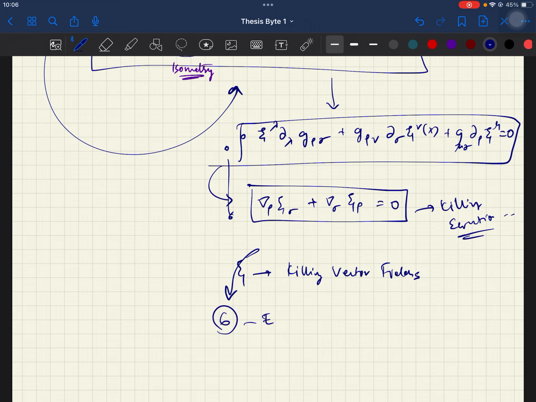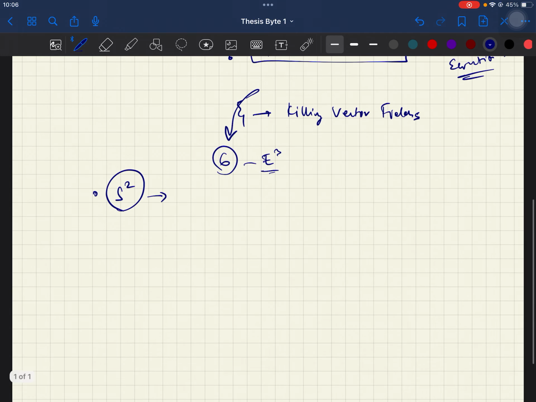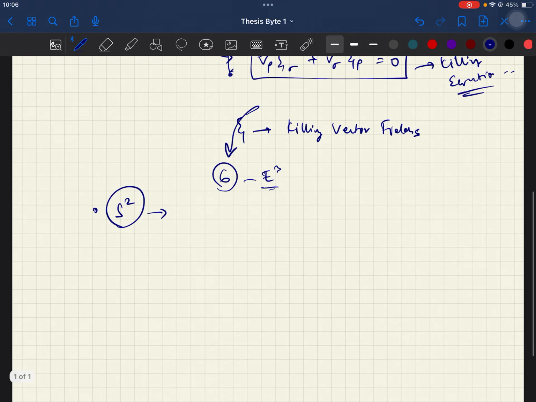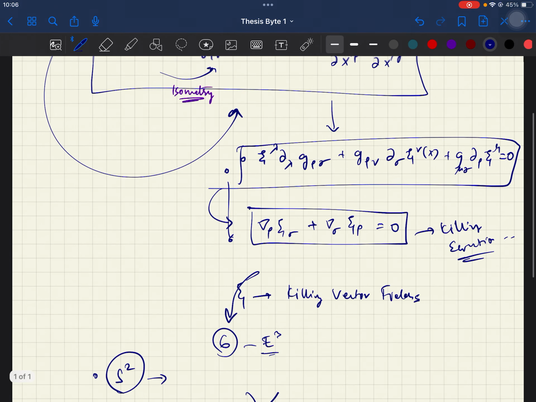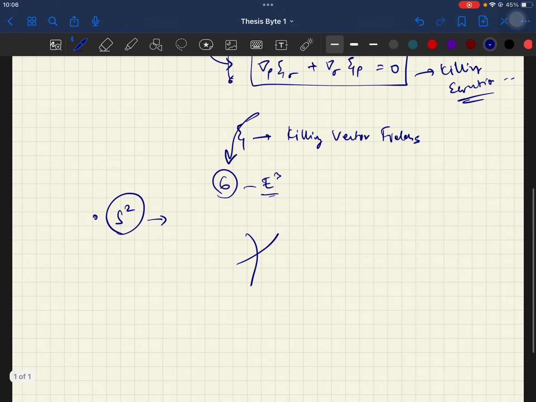You get 6 in Euclidean space. Then you could take S2, where you do get some non-trivial vector fields, but it's still maximally symmetric in some sense, and you get all the translation and rotation killing vector fields. The same thing: you use g theta theta equals 1 and g phi phi is sine squared theta.